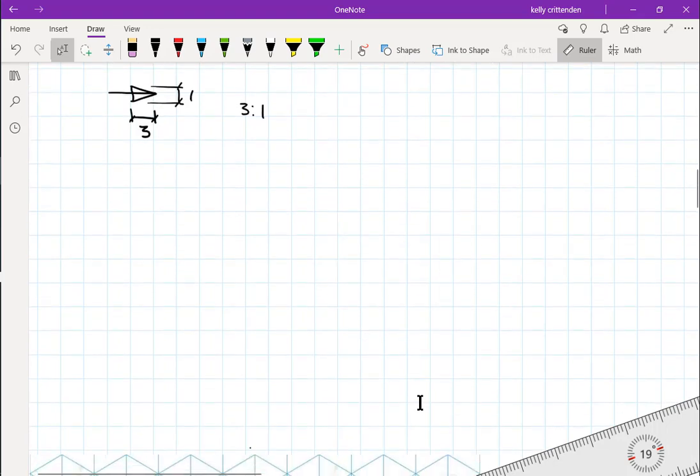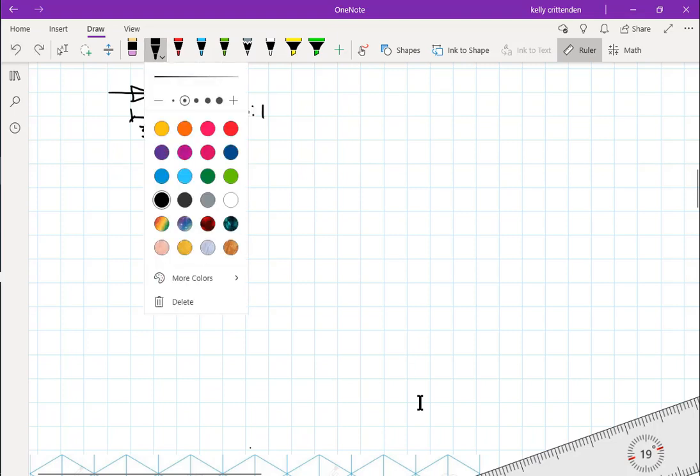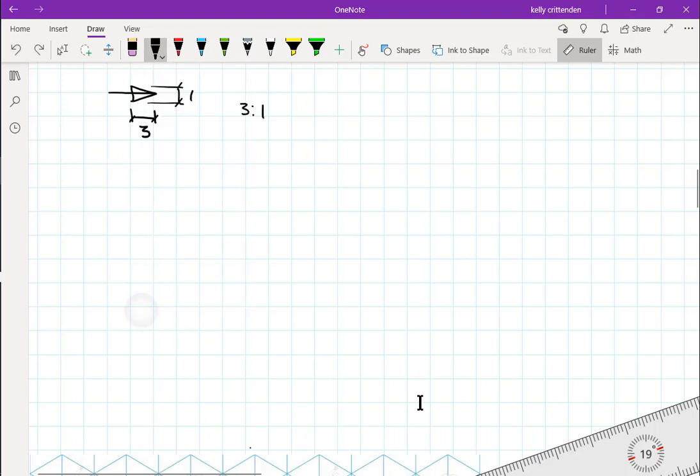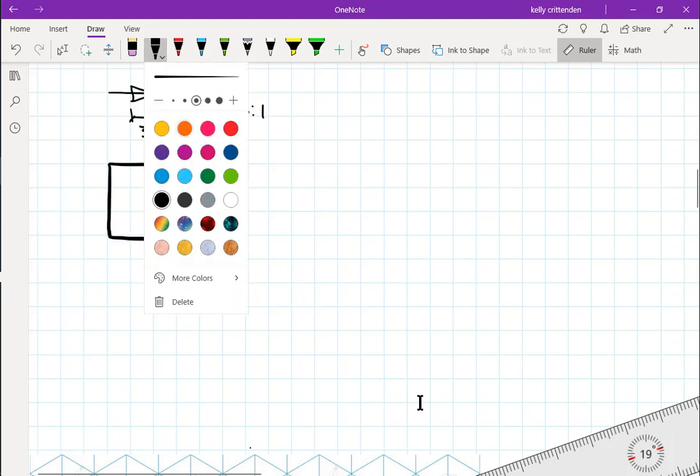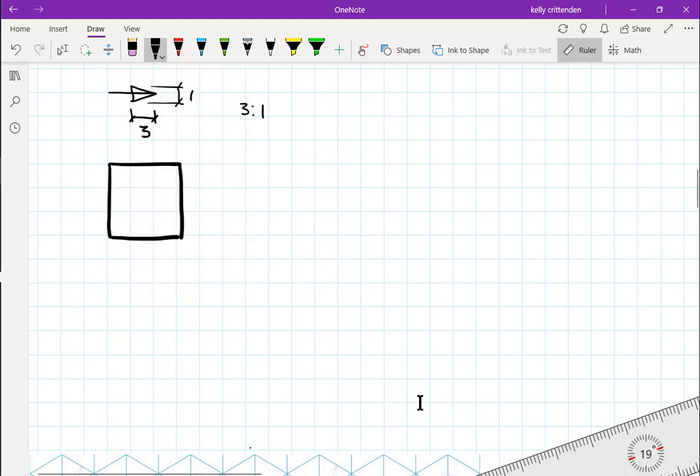Another one that is more important is, let's say that you have a body here. Actually, let's make our body a thicker line. So this is the body, and you're trying to dimension it.